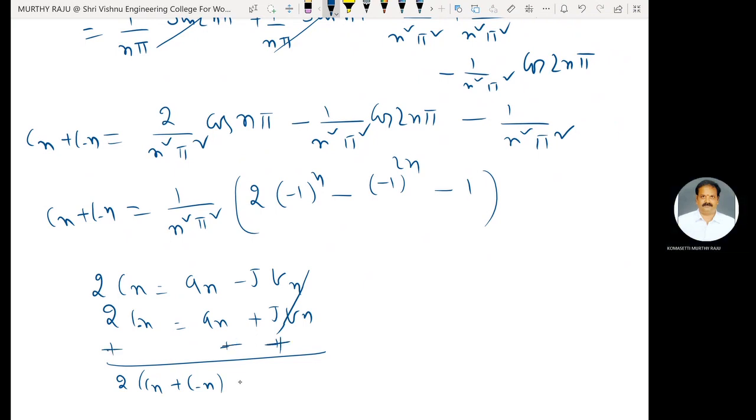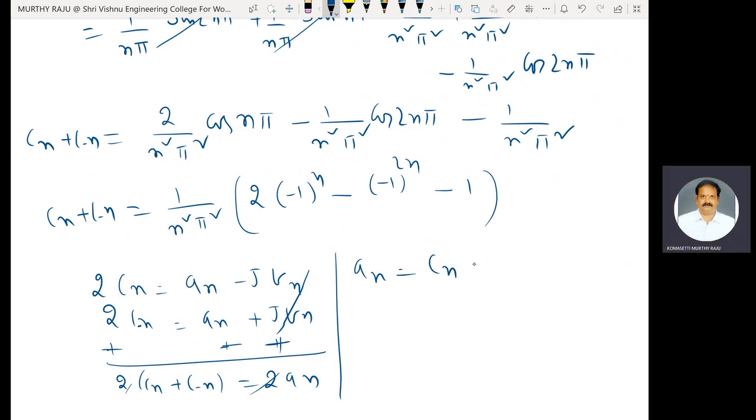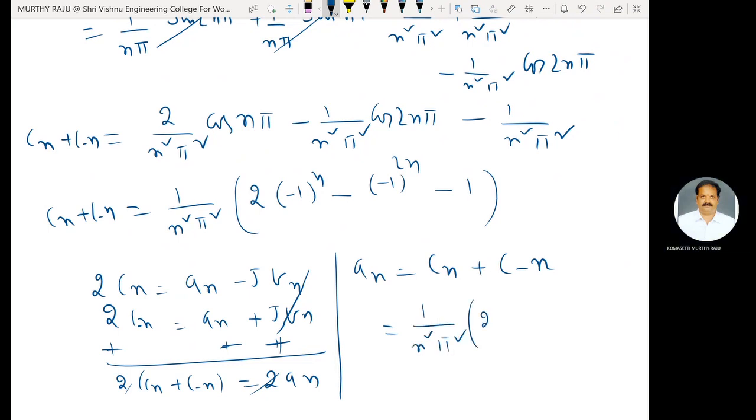On addition, 2an. Therefore, an is equal to Cn plus C minus n, that is equal to 1 by n square pi square into minus 1 whole power n minus 1 whole power 2n minus 1.